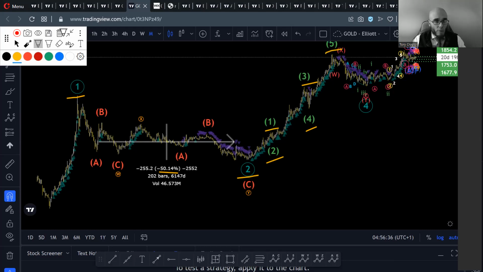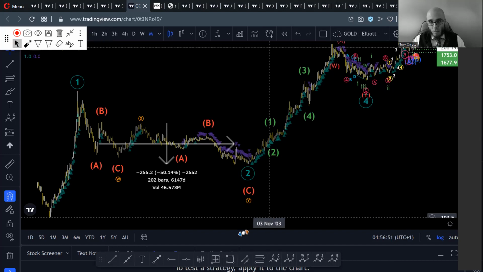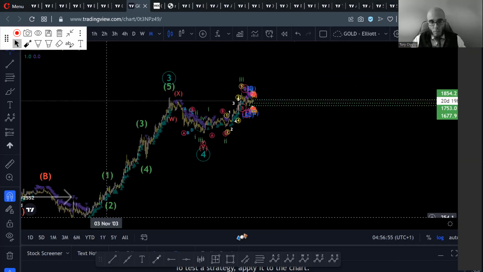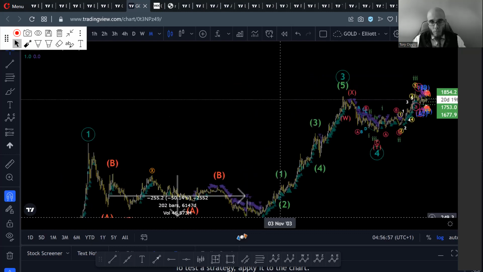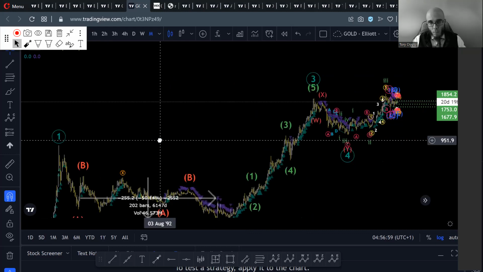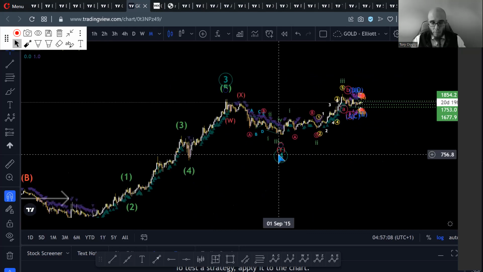So now we're going to take a look at the top, and then we zoom in for the correction. So let me take a look at the top. I have to zoom in, and then I will talk about the correction.